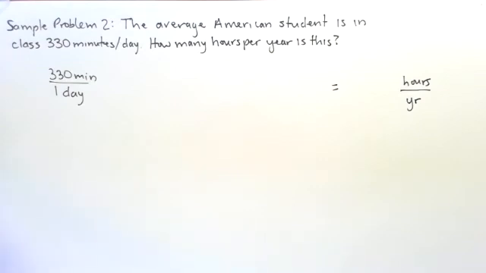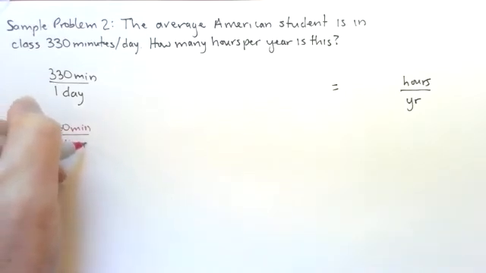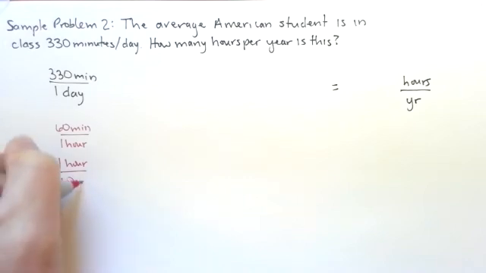Step number 2, I'm going to assemble my conversion factors. I know I have 60 minutes in 1 hour. I could also say I have 1 hour, 60 minutes.